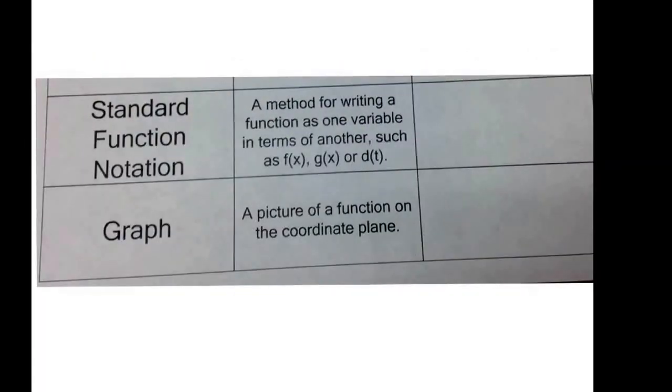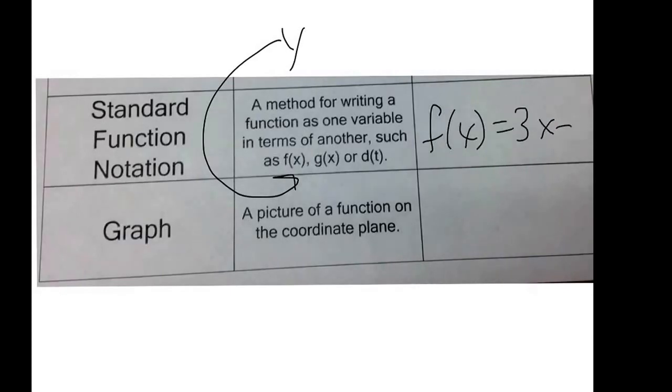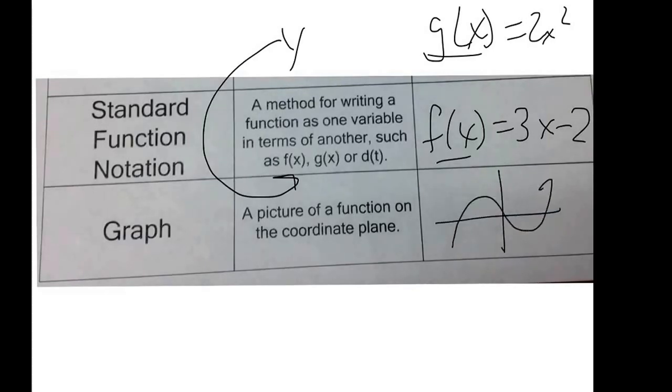Standard function notation means we replace the y with these things. So we would say something like f of x equals 3 times x minus 2. Or we could even say g of x equals 2x squared. So we'd use this special notation. And then a graph, we know what a graph looks like. A graph could be anything like this. Okay, make sure you bring these in on 10/23, which is Thursday.